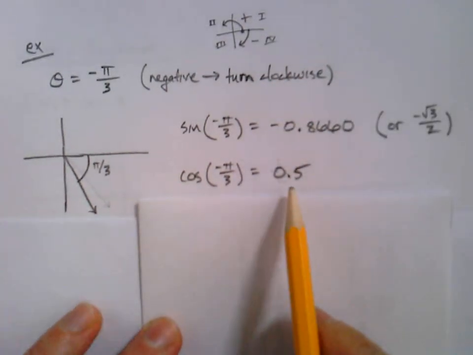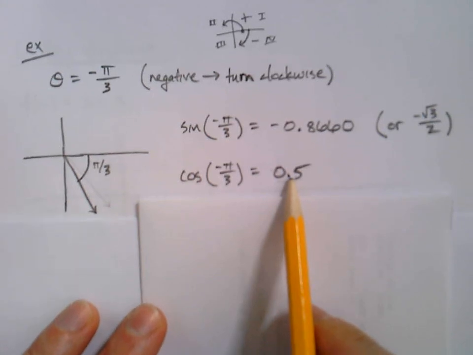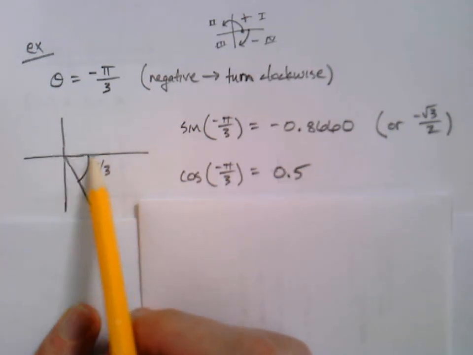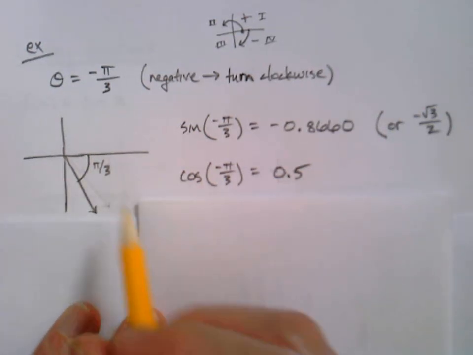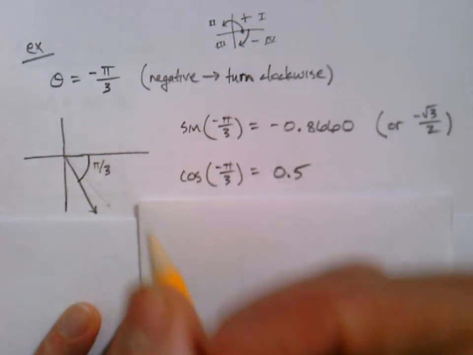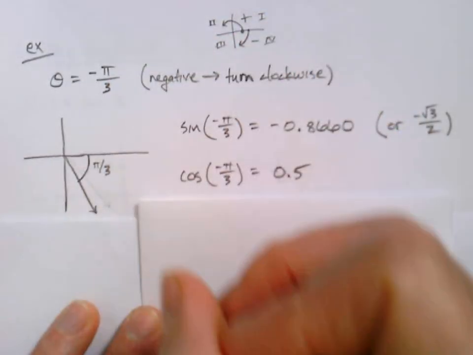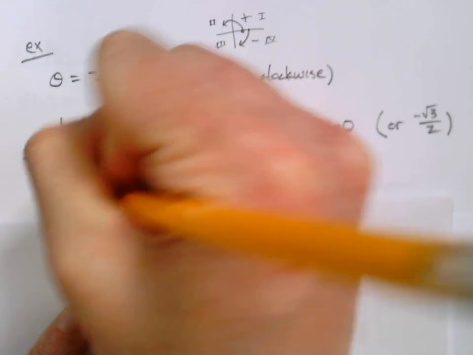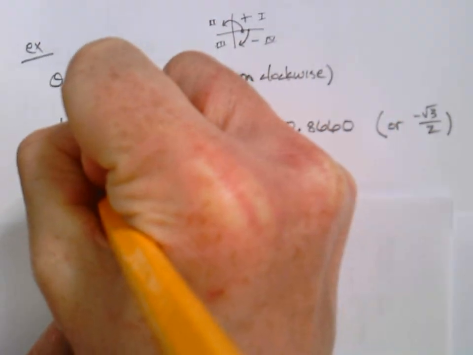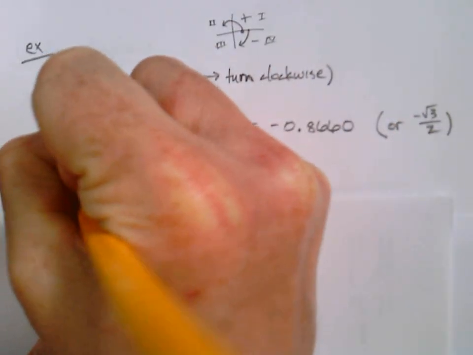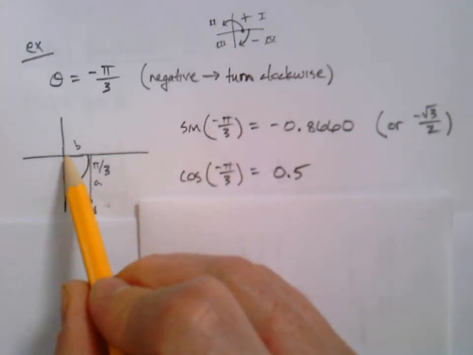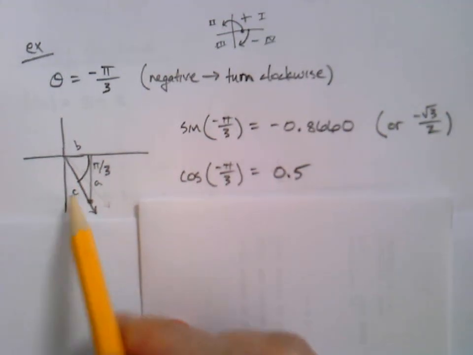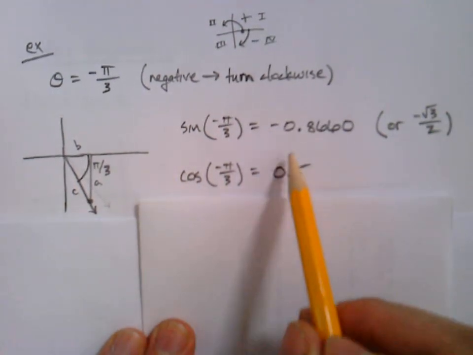Hey, that makes sense. Cosine is positive because we're going this way. If we were to draw the triangle, and I don't really have enough room to do that, but if we were to draw that triangle, there's A, there's B, there's C. Right now B is positive, A is negative, and we always think of C as being positive, so we get a positive cosine but a negative sine.